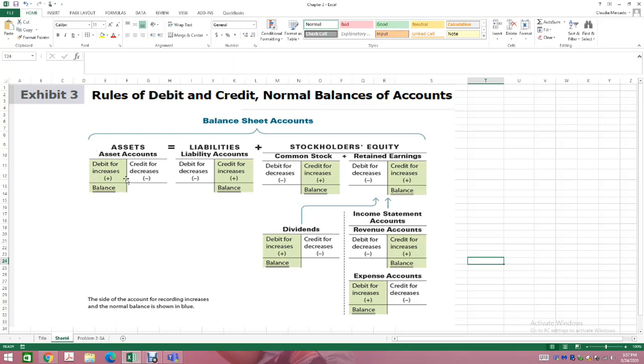Remember, the normal balances are the ones in green, okay? So, cash is an asset. So, cash is an account that falls under assets. And then anytime you do a transaction that increases your cash, you're going to debit. Anytime that you have a transaction that decreases your cash, you're going to credit, okay?